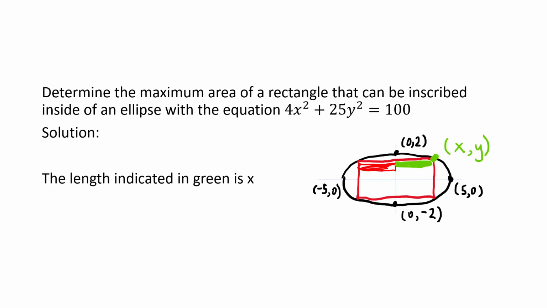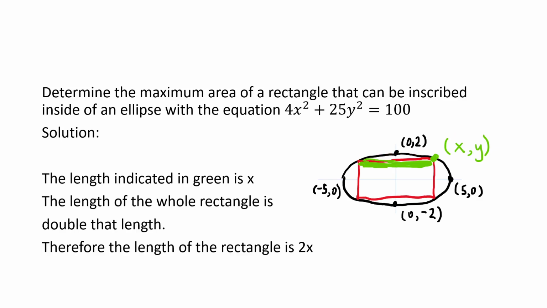What I want you to do right now is just recall that we specifically chose the point so we knew x to be a positive number. Using our fundamental ideas of graphing from grade 8, that horizontal distance of that green line is x, a positive value. So the horizontal distance of this equally long red line is also x, meaning the horizontal distance of the top of that rectangle is 2x.